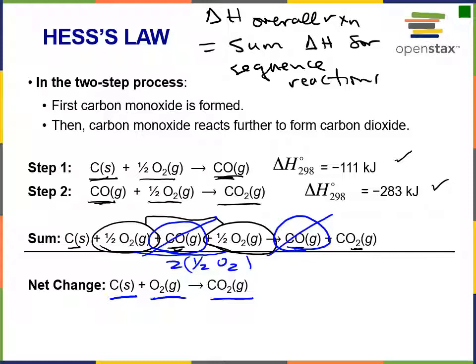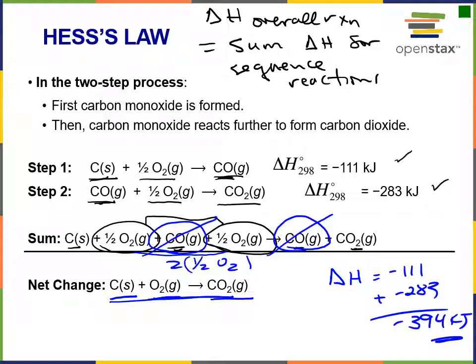Hess's law says that as long as our reactions, when we add them up, give us what we need, we can add up our enthalpies. And when we do this, our delta H for the overall reaction is going to equal minus 111 plus minus 283, which is minus 394 kilojoules, which is right about what we need.